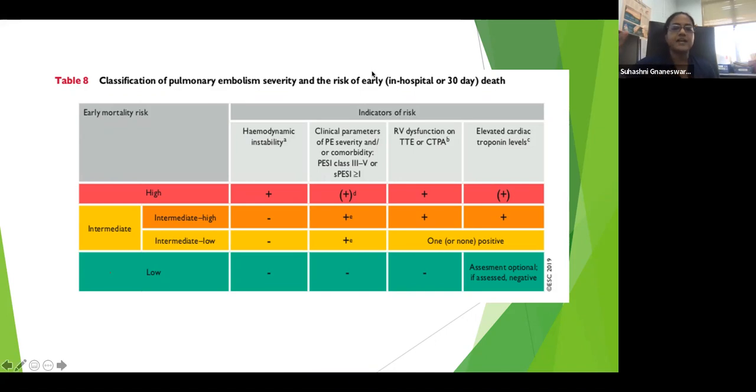So we can't standardize that if it's high-risk PE, we are going to do catheter ablation or surgical embolectomy. It doesn't work that way. In our setting, I think thrombolysis is first. Eventually, if the surgeons say no, and cardiology says we are not doing the transcatheter embolectomy, then you're going to go for thrombolysis.